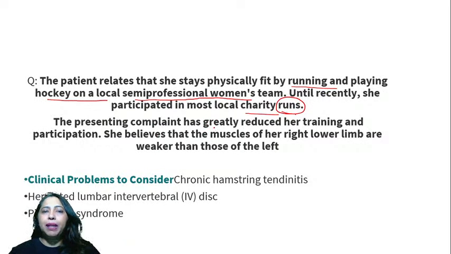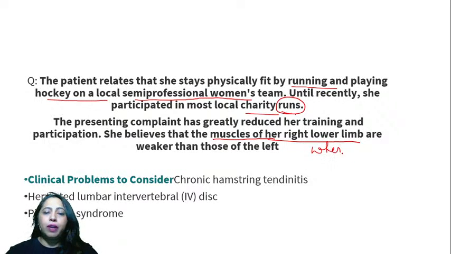Presently, she is complaining that her training and participation has reduced drastically. She believes that the muscles of her right lower limb are weaker than those of the left. So she's not exactly saying where.